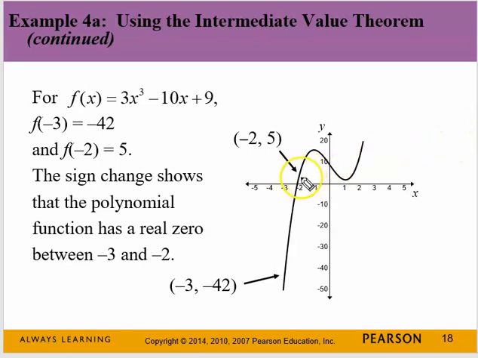And notice right here, between where this one is and where this one is, the curve, the line, is crossing the x-axis, and that's an x-intercept. Okay, that's all they're trying to say here, as using the intermediate value theorem.